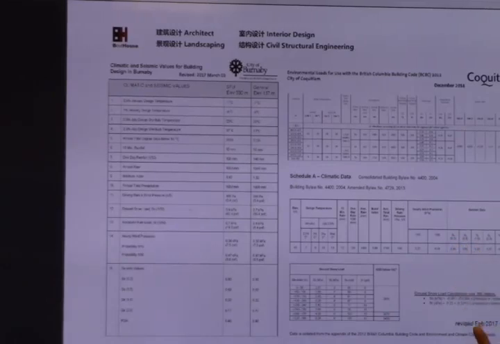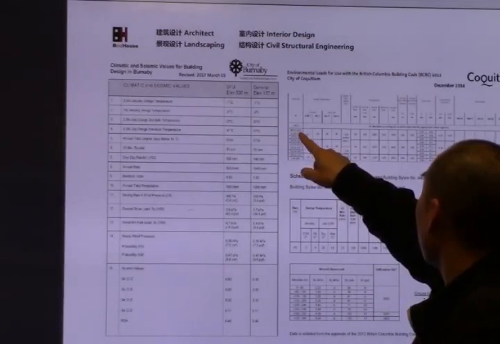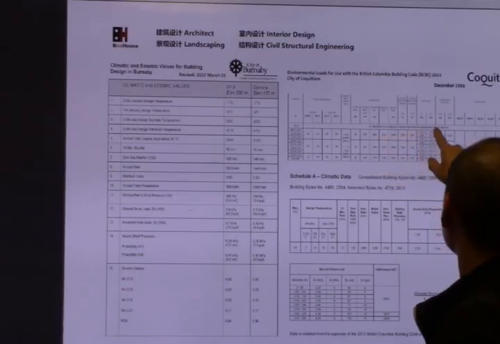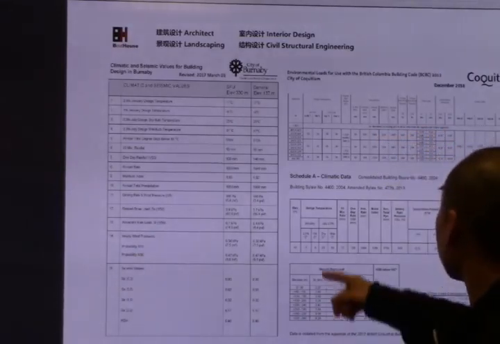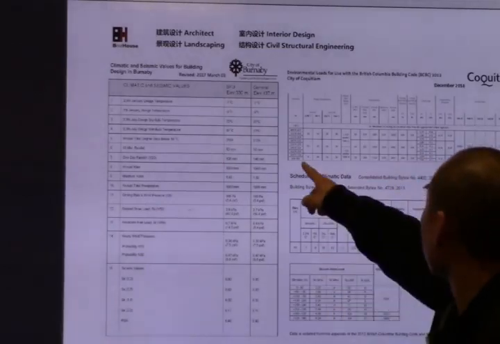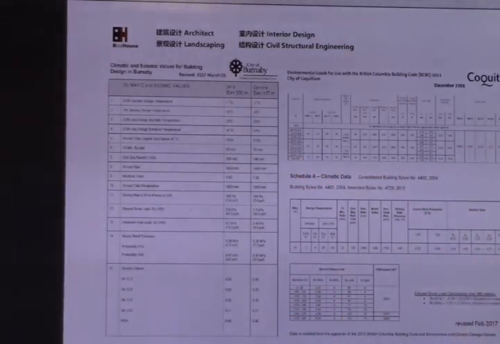You go to Grouse Mountain, a lot of snow. Okay, so for 400 meters, the ground snow load is 5.7. It's heavy. What is the lowest? The lowest is 2.6, at 0 elevation. So it's similar to Burnaby's. West Vancouver is the same thing.